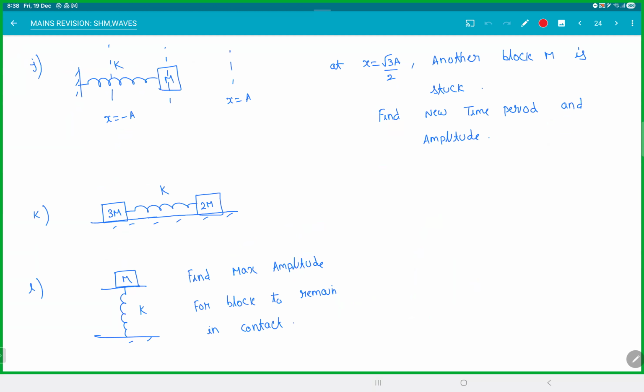Let's get these three. So this is oscillating. You kept one more block stuck to it.